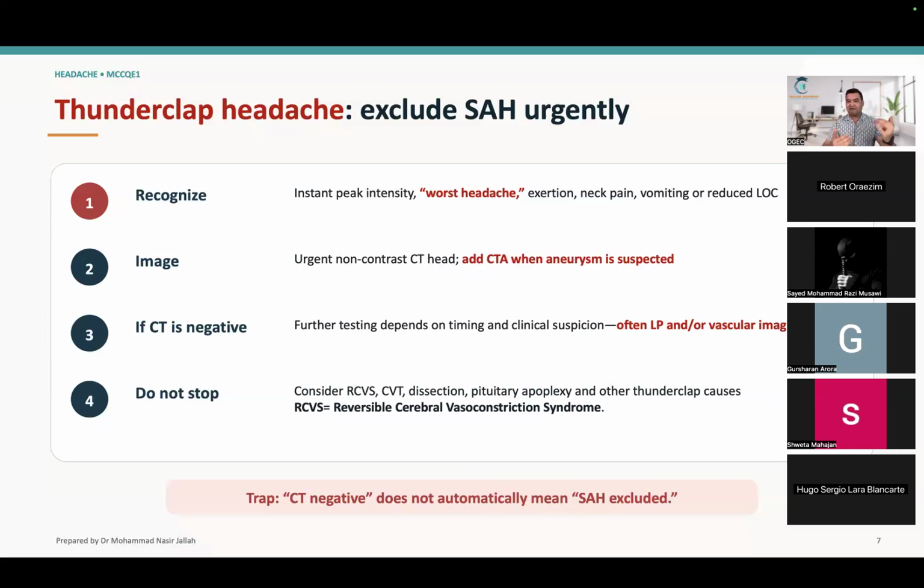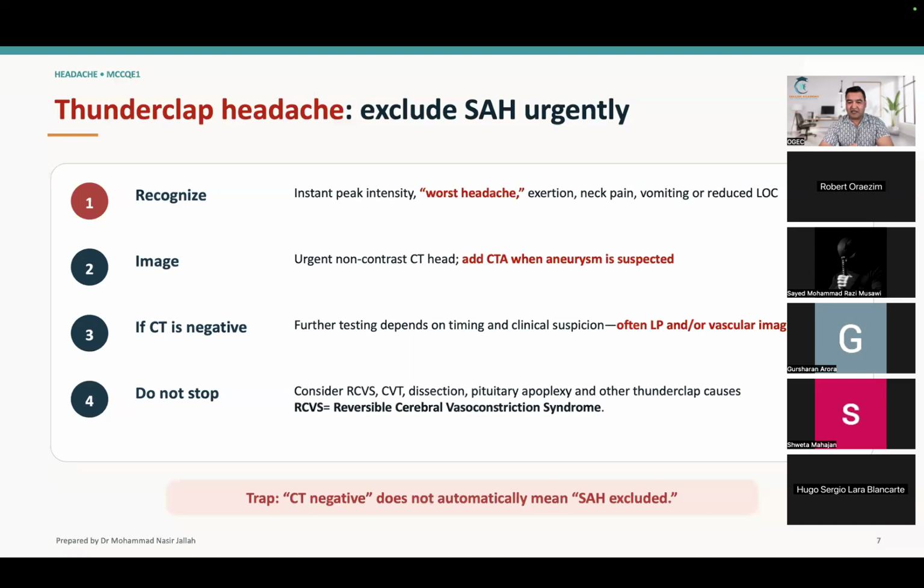So mildly high fever, not very high, but the patient does not have any sort of infectious suspicion, but the patient has a trauma. In that case, you do the CT scan, but the CT scan is negative. It doesn't mean it is meningitis. So you need to do the LP, and the LP shows blood, right? So if it shows blood, it's not meningitis.